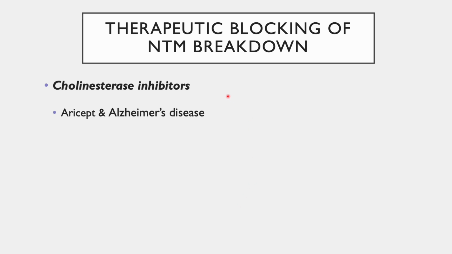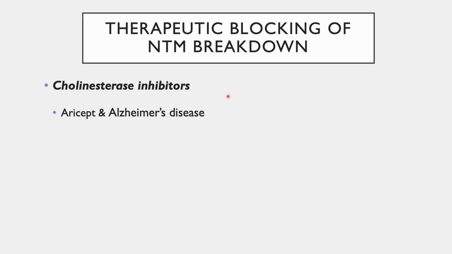So, cholinesterase inhibitors have been utilized as a drug for Alzheimer's disease. However, I do want to note that cholinesterase inhibitors do not slow down the actual progression of the disease. They only help with some of the symptoms like memory loss in early stages of the disease. However, it's not a long-term treatment, and sadly, Alzheimer's disease does not have a cure.